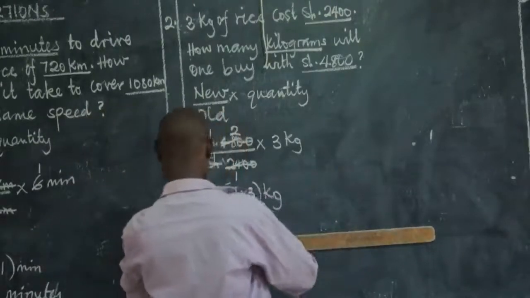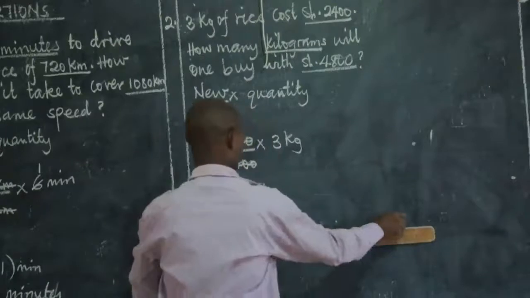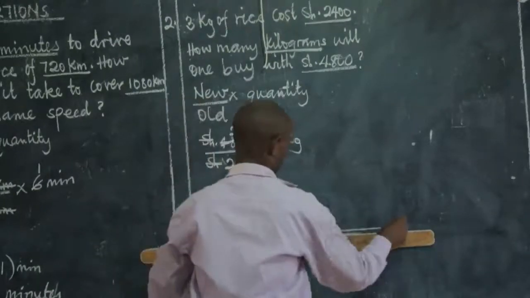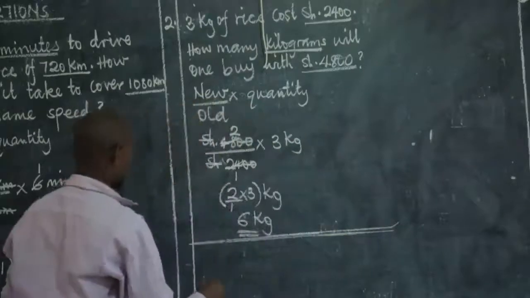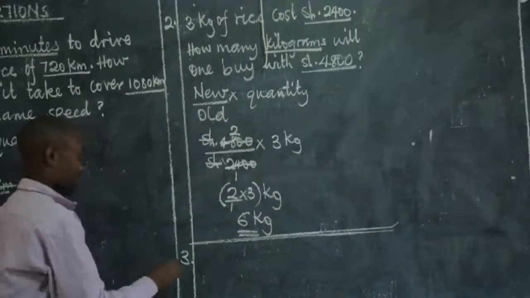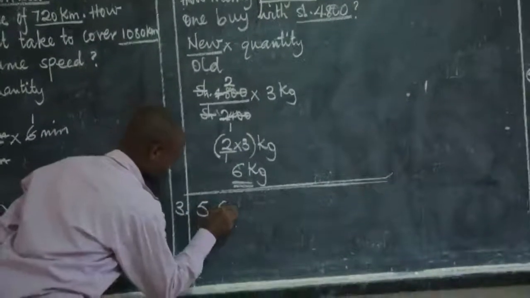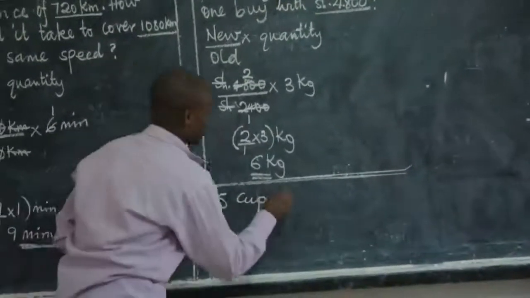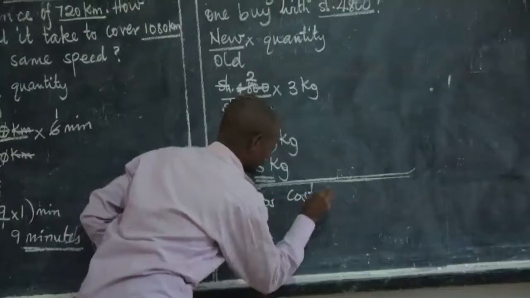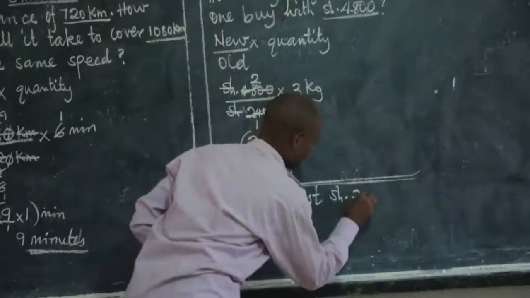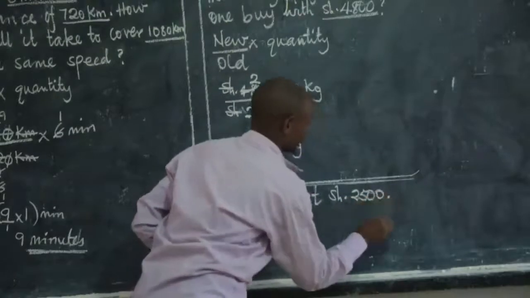Let's look at another example. Example number 3. 5 cups cost 2,500 shillings.